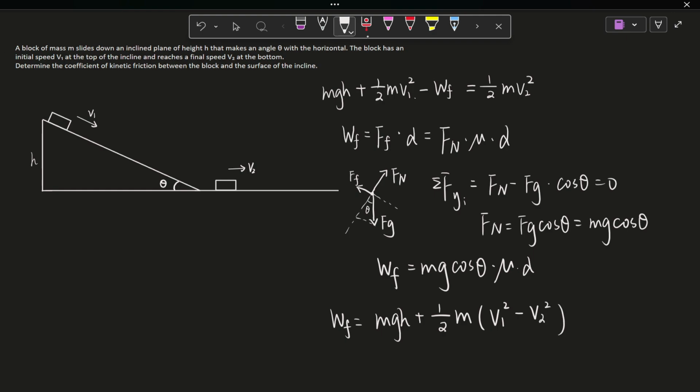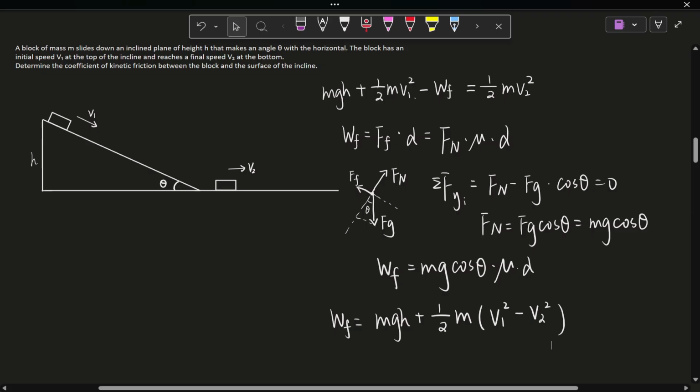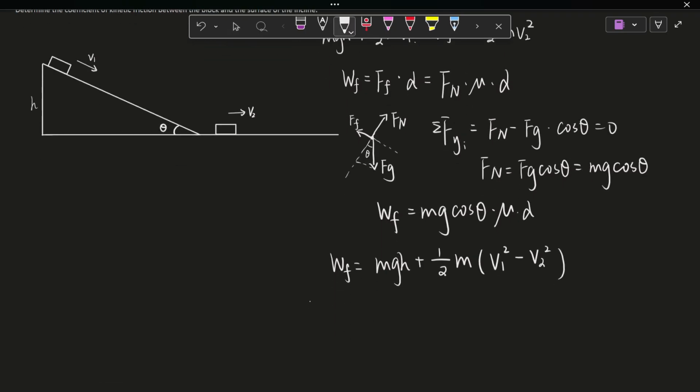And then let's plug this back here. So now it will be mg cosine theta times mu times d. d is the distance it travels along the incline. So this is h, right?